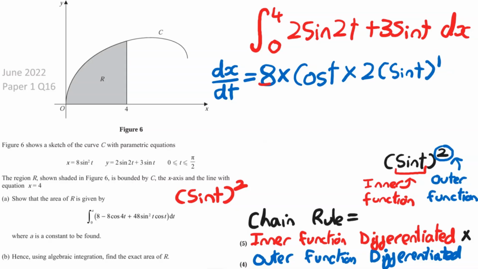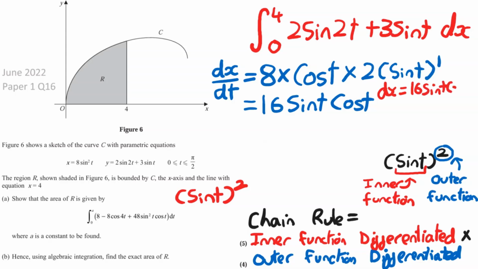We can simplify this because 8 times 2 is 16, so this is 16 sin t cos t. If we multiply both sides by dt, we get that dx is equal to 16 sin t cos t dt.